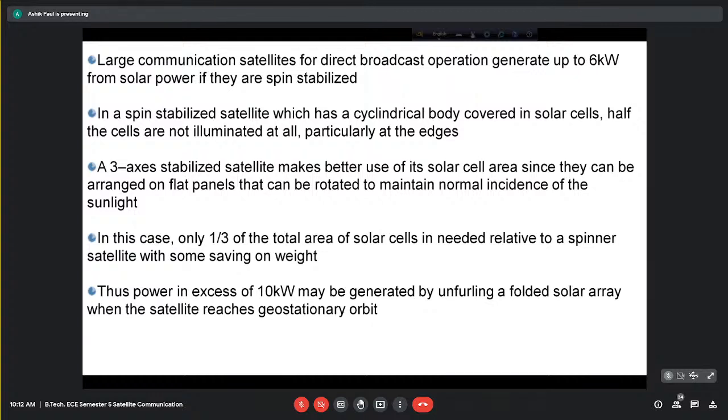Because then we could arrange those solar cells on flat panels, and only those panels could be rotated. Just try to visualize this. The satellite itself is not spinning. It is stabilized using the three-axis momentum wheels.